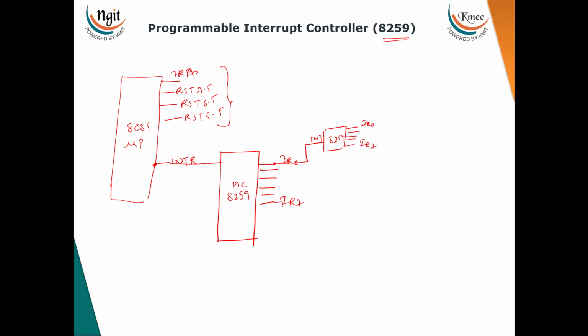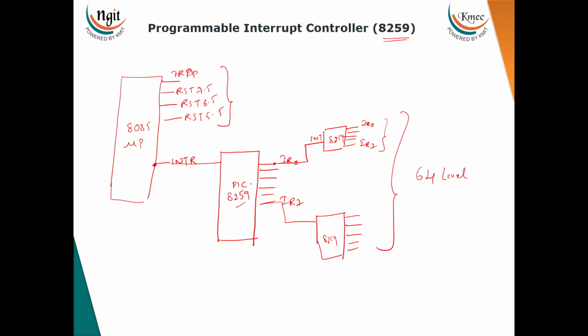Like that, for 8 interrupt signals, 8 8259s are connected, and each IC is handling 8 interrupts. So 8 ICs are connected in cascade to the first IC. Thereby the total number of interrupts is increased up to 64 levels.